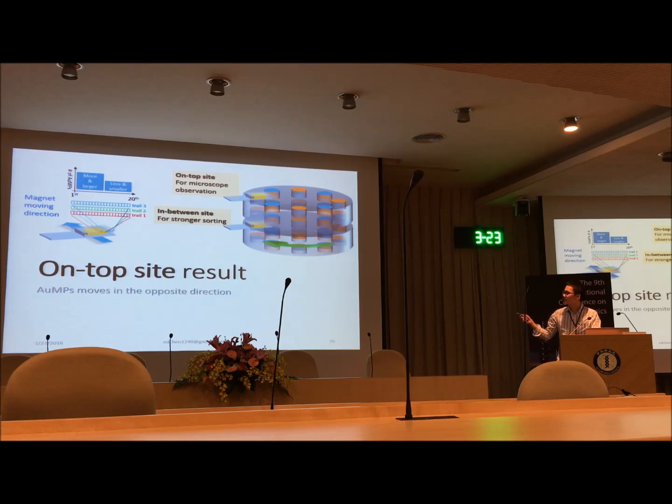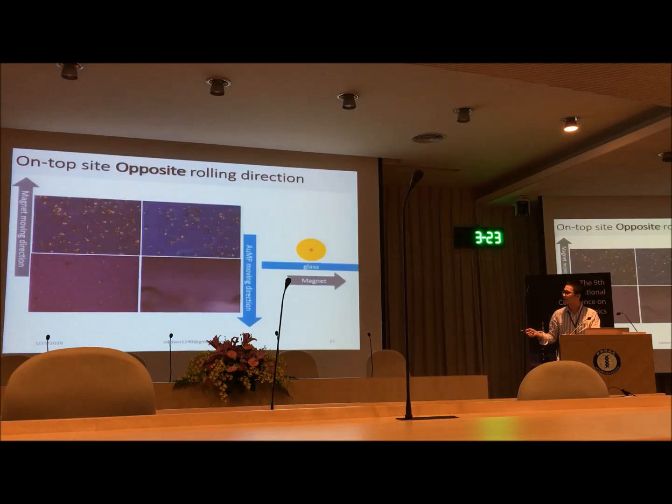For the on-top side, we have a different result. If our magnet moves in this direction, the gold microplates move in the opposite direction, which is strange. And we think that is because in the in-between site, the magnetic field is uniform and strong.